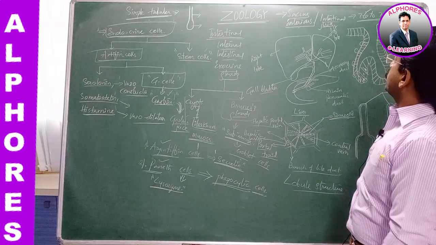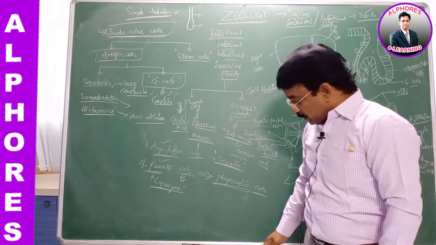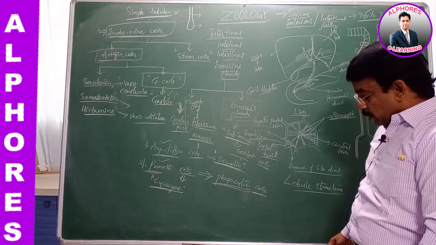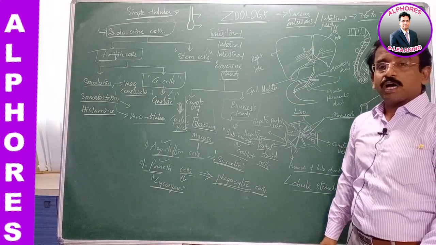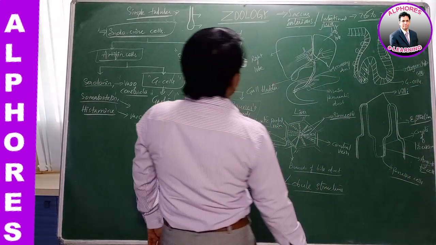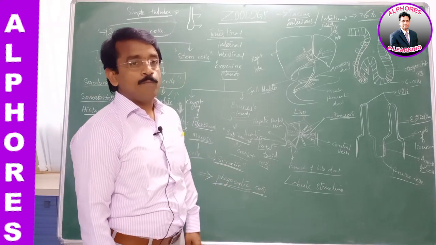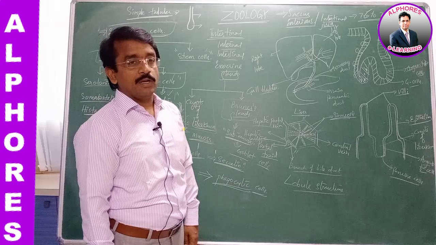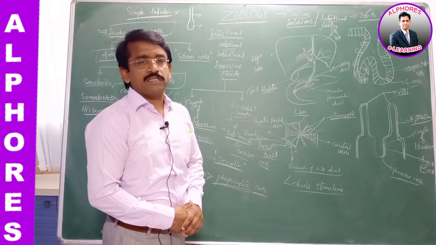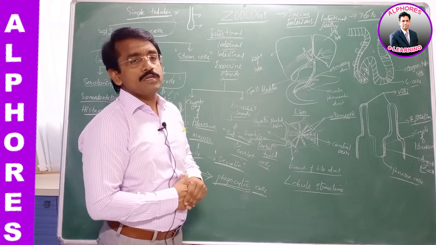Daily about 2000 to 3000 milliliters of the Succus entericus, the intestinal juice, is secreted, which means 2 to 3 liters per day.